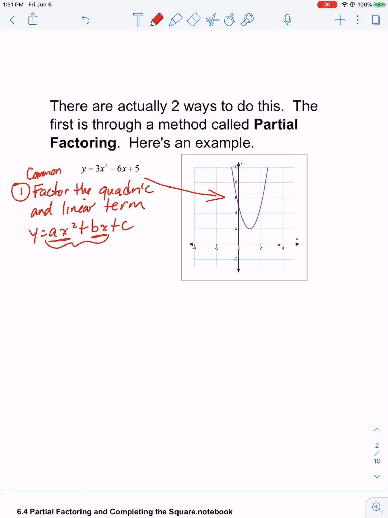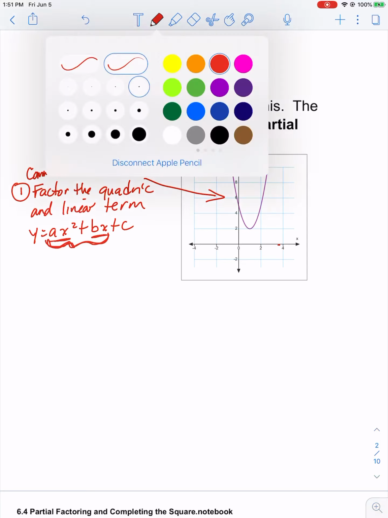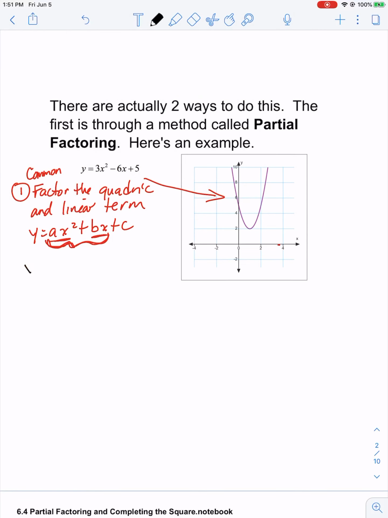You are common factoring these two terms. In our question, we have 3x squared minus 6x plus 5. We want to common factor those two terms. That gives us 3x times x minus 2. The plus 5 is going to hang on to the end.